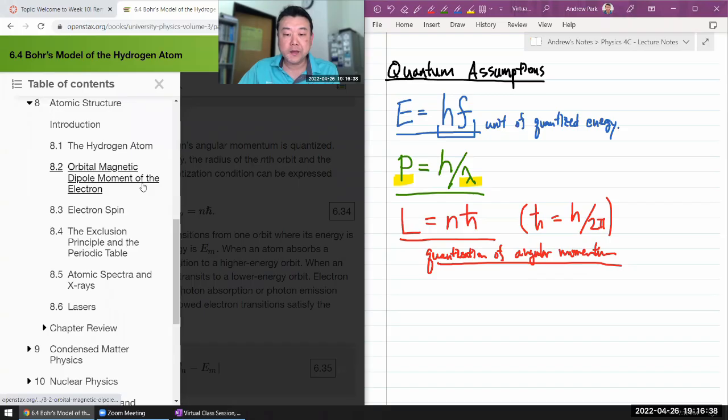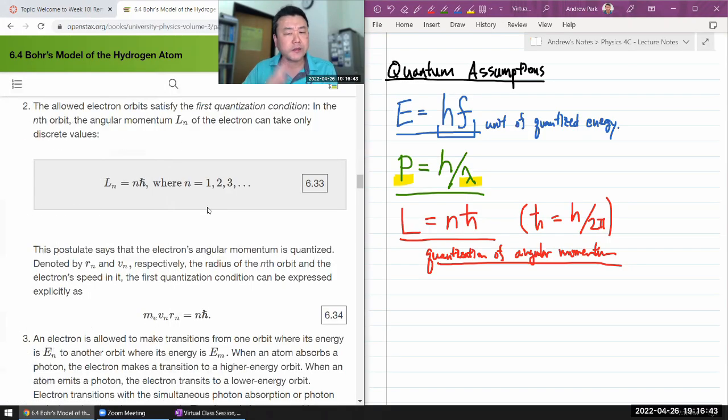So these are what I like to highlight as quantum assumptions, because as we introduce quantum mechanics in a semi-historical fashion, some of the things we introduce are not the things that will ultimately turn out to be fully correct, like the Bohr's model. That's not the fully correct model of the hydrogen atom as we understand it.